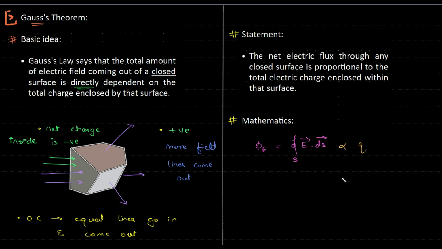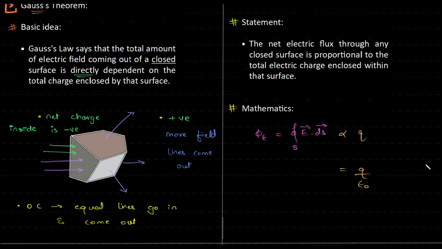As simple as that. When we remove this proportionality symbol, we end up with the constant, and that is our old friend epsilon naught. So basically, your flux phi E is equal to Q by epsilon naught. Again, it's the simplest of all of them. We're going to see a lot of complex ones, but the idea remains the same, and we'll see how to make use of this.